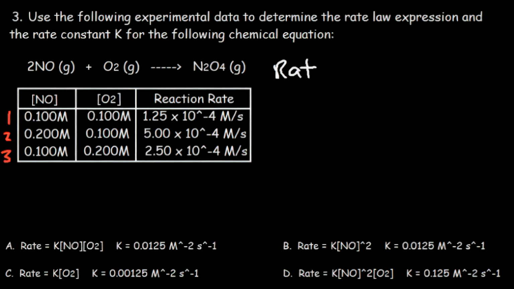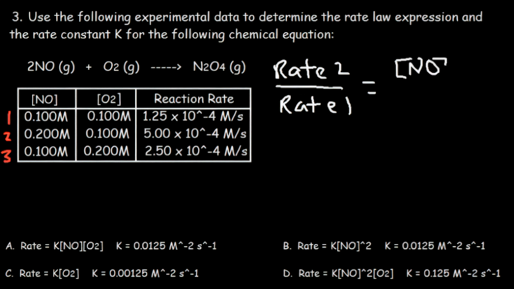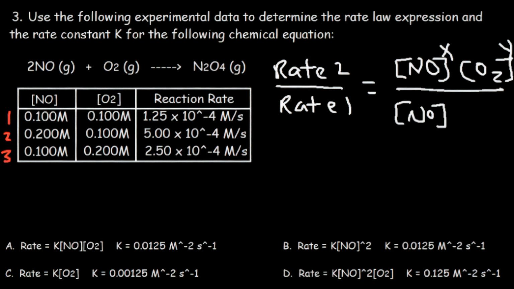Rate for trial 2 divided by the rate for trial 1 is equal to the concentration of NO raised to the x power, and then the concentration of O2 raised to the y power, divided by NO raised to the x, and O2 raised to the y.